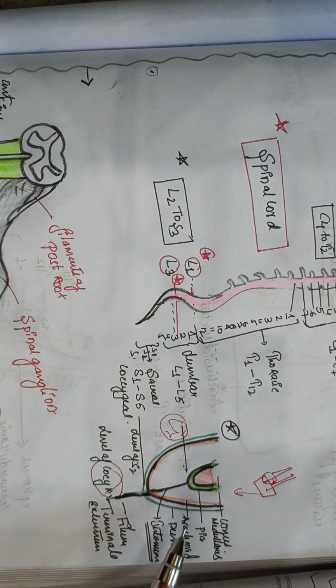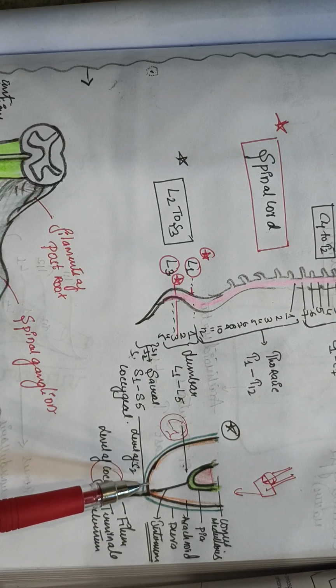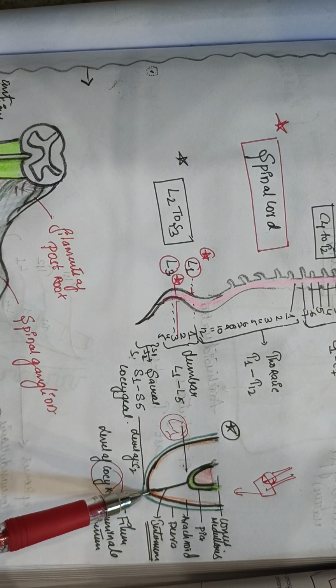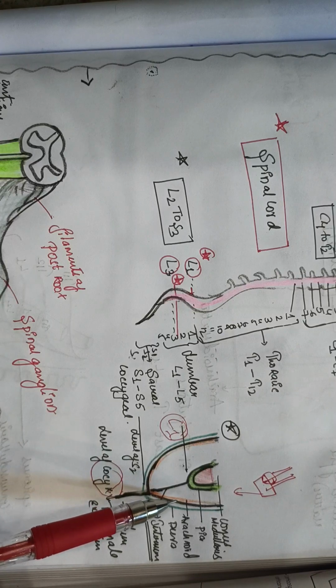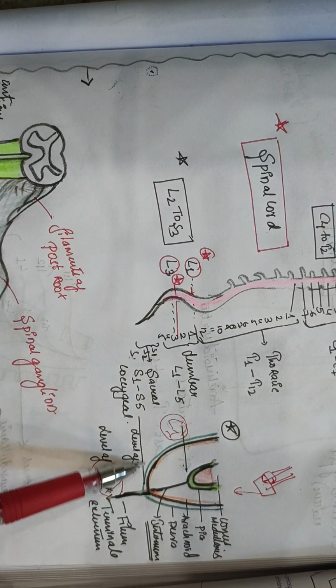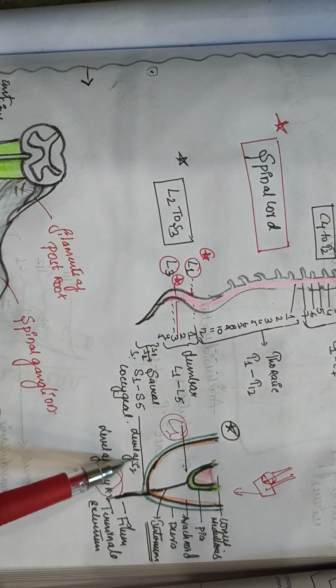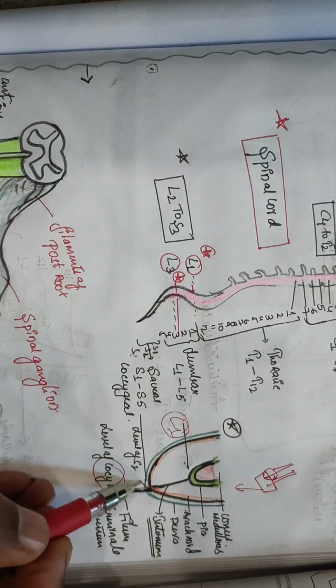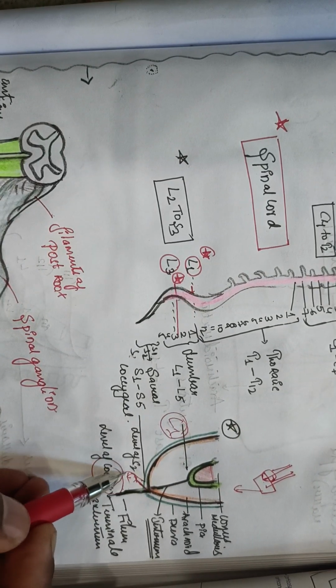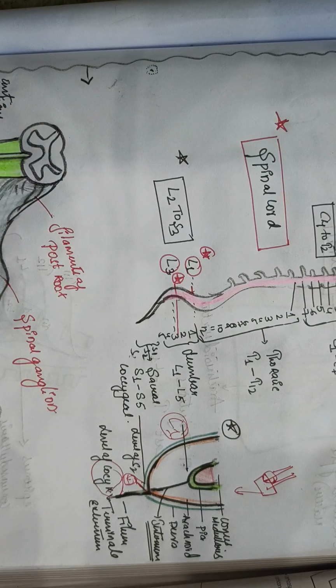Now, the second important point here: this is the arachnoid membrane, and this arachnoid membrane ends at the lower border of S2. And the next important point is the subarachnoid space also ends at the lower border of S2.